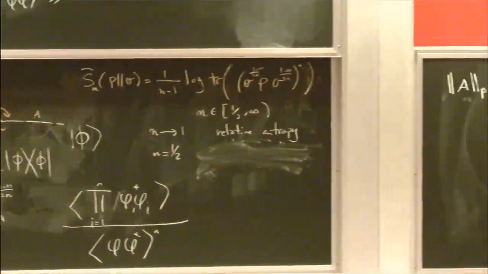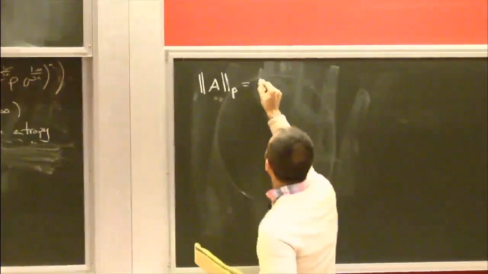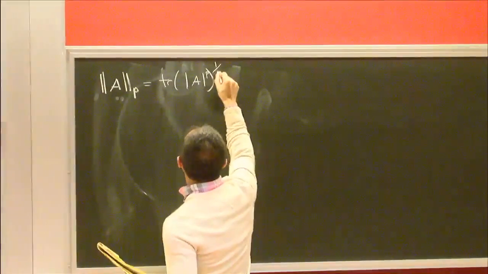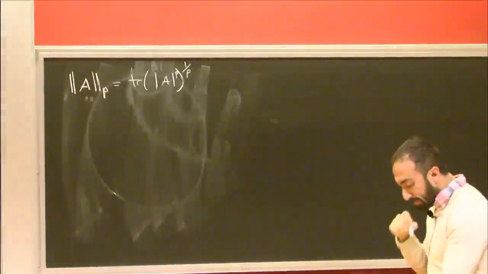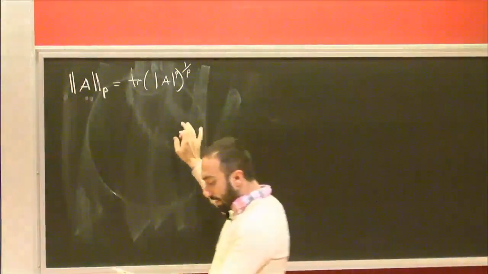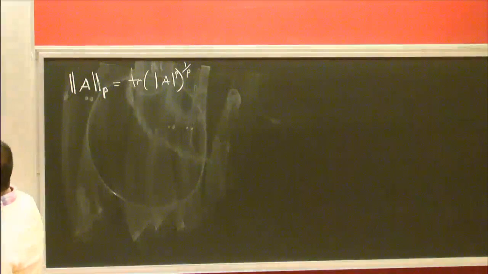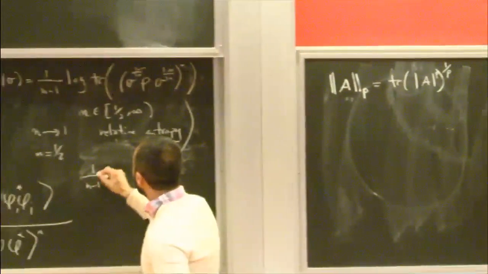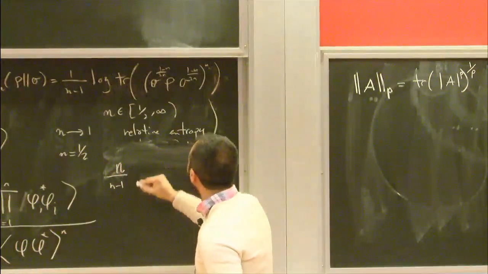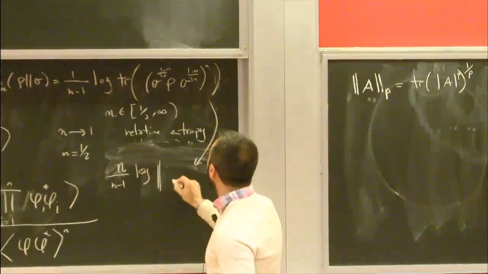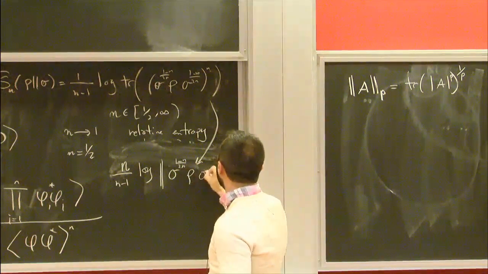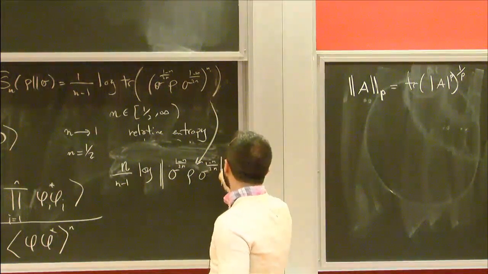If you have a matrix, the p-norm of a matrix is the trace of A to the power of p, to the power of 1 over p. So from that, I learned that I can write this also as a p-norm. So it becomes n log of the n-norm of this guy, sorry.